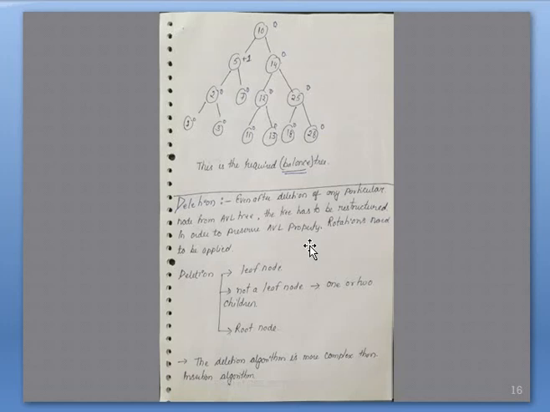The deletion can be of a leaf node, a node with one or two children, and the root node. In short, any node in the tree we can delete. But for these different cases, we have to follow their procedure. Deletion is more complex as compared to the insertion operation.